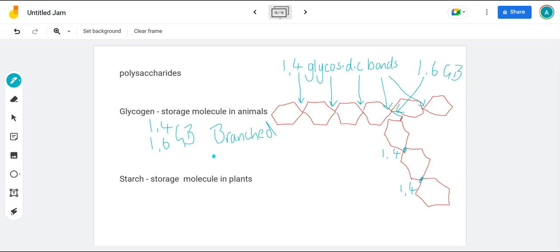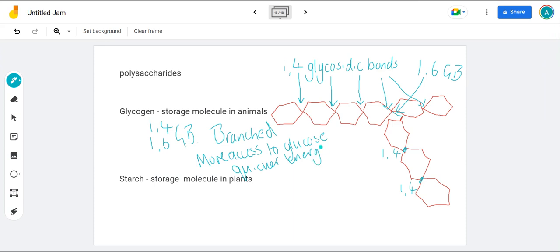So the fact that it's branched means we've got more access to glucose molecules, because these ones in the middle are kind of trapped, aren't they? To glucose molecules to break those glycosidic bonds. Okay, and that means that we've got a quicker supply of energy.